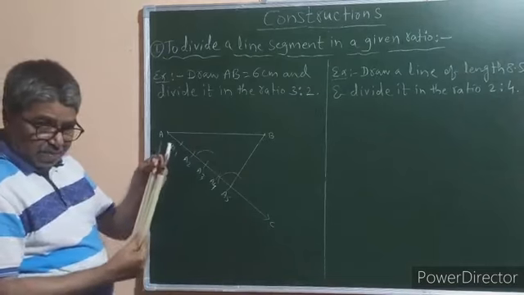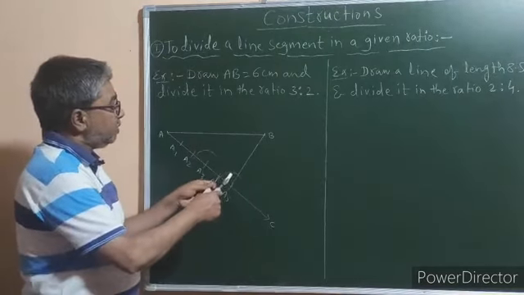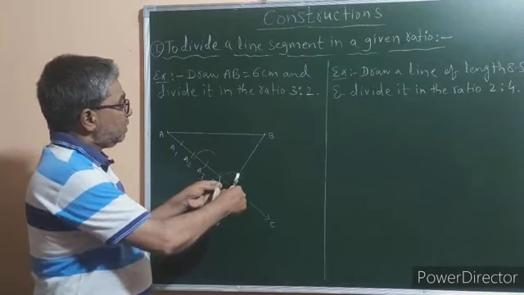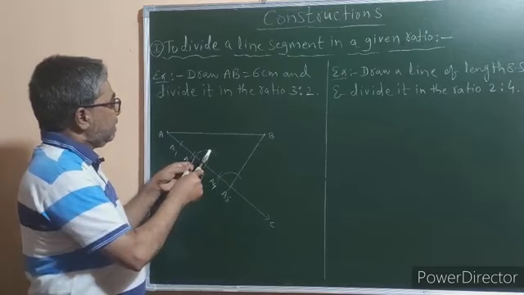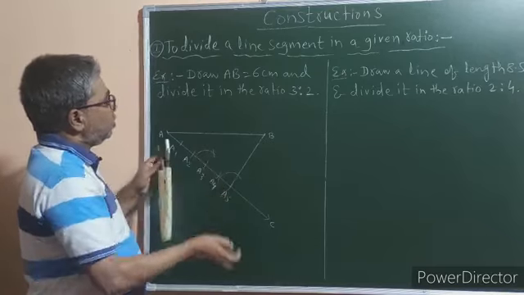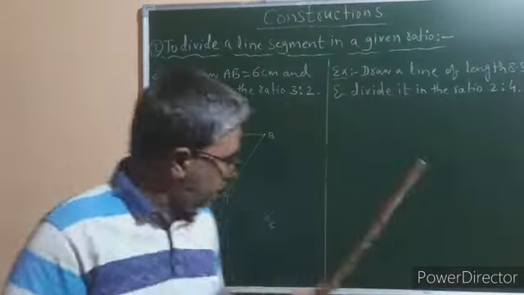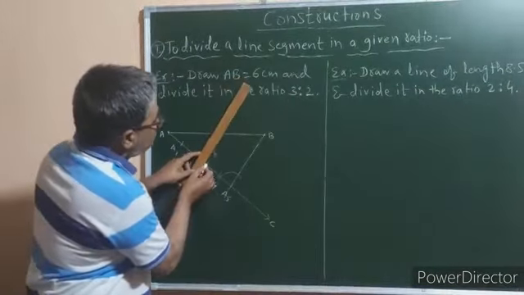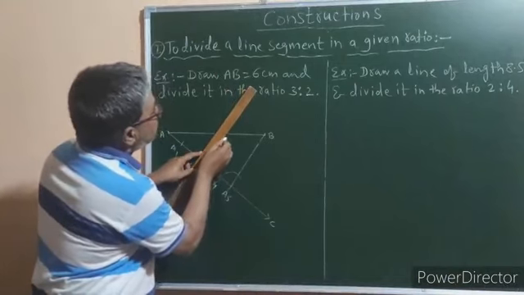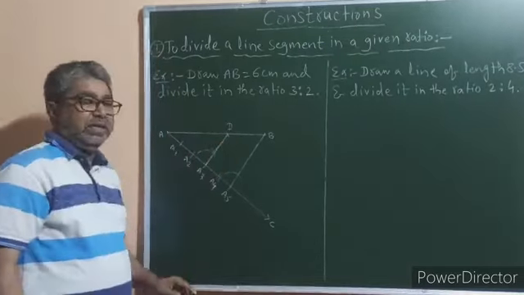Now on the compass itself, take the distance between these 2 points and cut this arc by means of another arc to get one point. Draw a line joining A3 and that point to meet AB at point D. Call this point as point D.